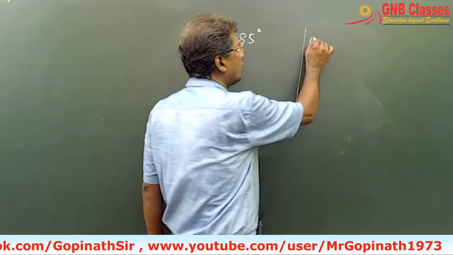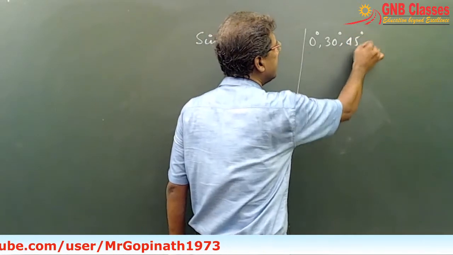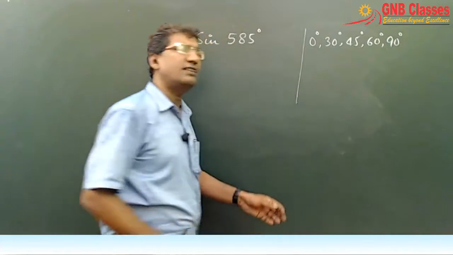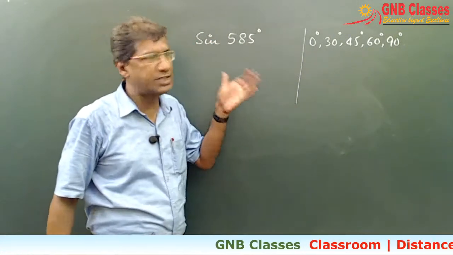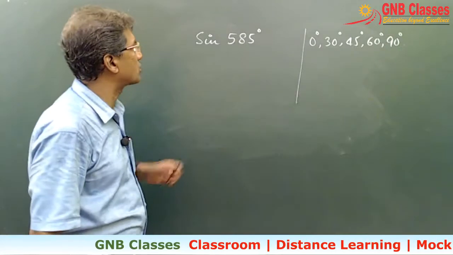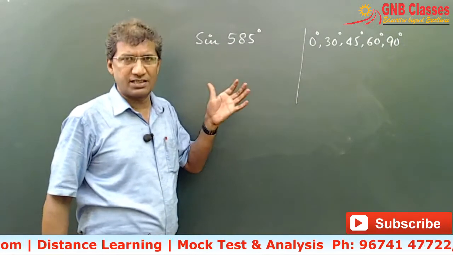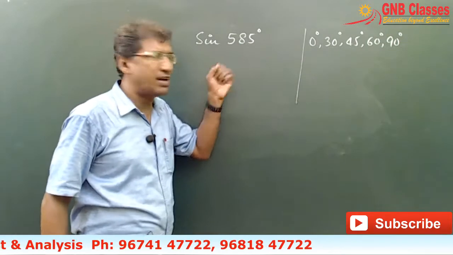That is 0 degree, 30 degree, 45 degree, 60 degrees and 90 degrees, right? These are the standard values that we know for all the trigonometric ratios. Now, sine 585 degrees, how to solve this? How to find the value of sine 585 degrees?